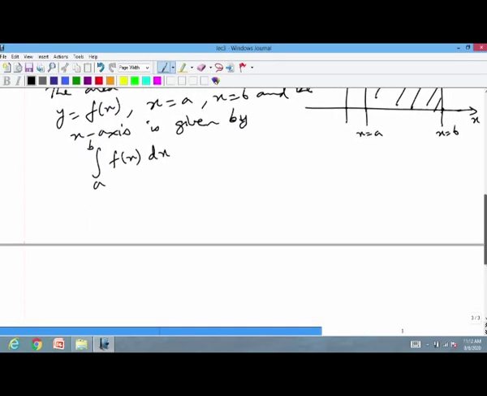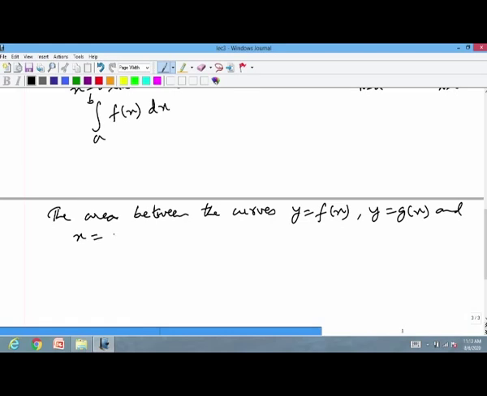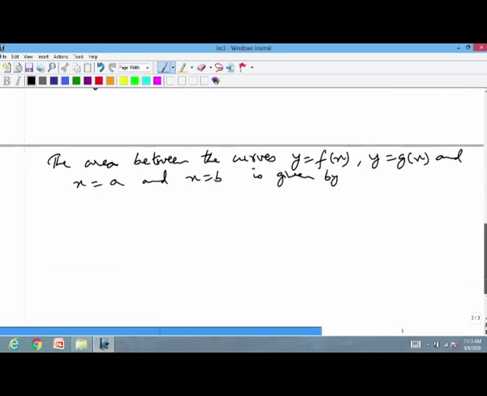Now, suppose we have two functions. The area between the curves y equal to f x, y equal to g x, and x equal to a and x equal to b is given by the following.